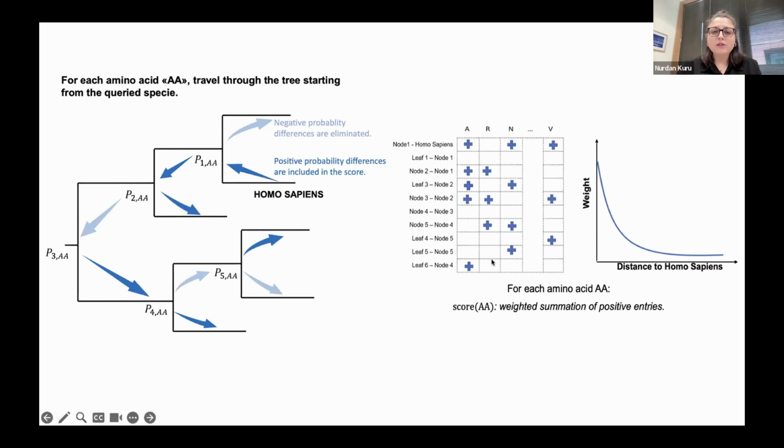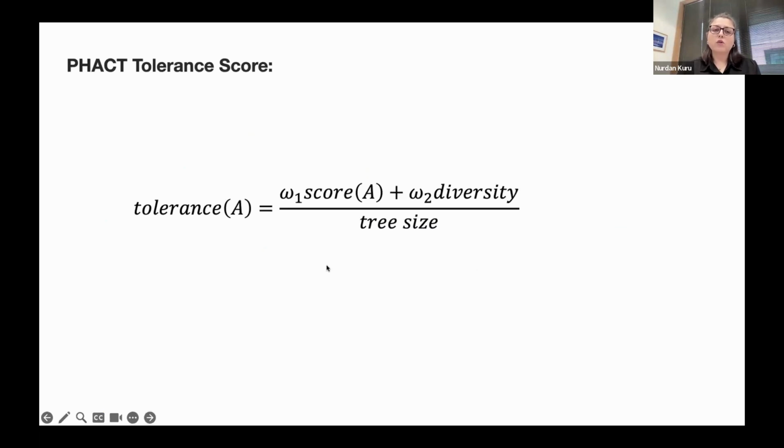And the final FACT tolerance score is score A. This is coming from the tree traversal step. It is different for each amino acid, plus diversity. Diversity means, for example, if your position is variable, if you are seeing 15 different amino acids in a position, most probably the remaining parts might not have any effect in terms of pathogenicity either.